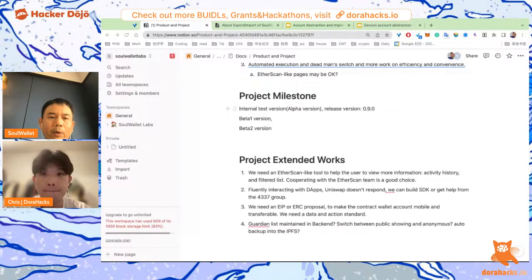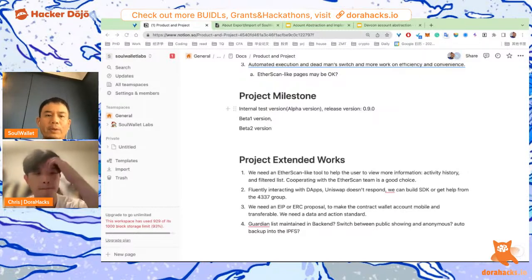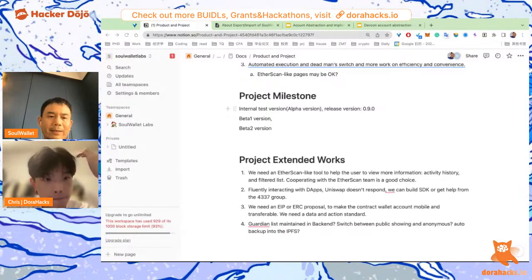We focus on this idea more. We think this is more valuable, and we have some detailed feature differences. For example, we keep the guardians private. If you are somebody's guardian, your address and information would show on chain, but we have technical solutions to resolve this. It's just a detail difference.